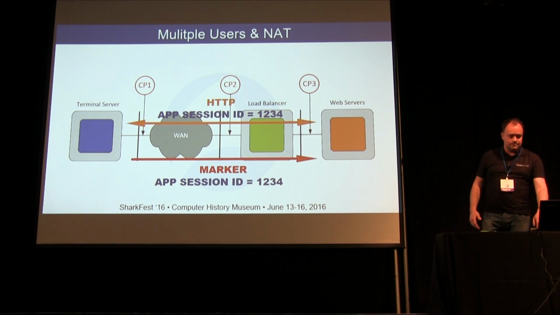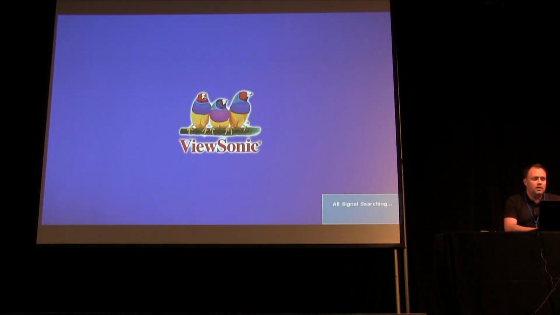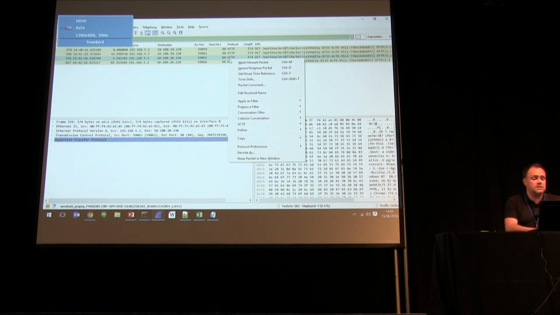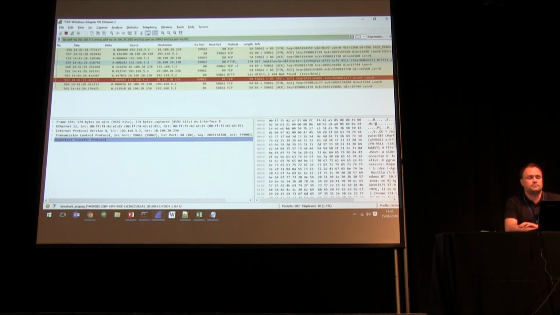So if I think about our application here and how we can do that looking at our trace, if I look at this marker here and filter out this TCP stream using the conversation filter, then obviously we've got a marker in there sent.